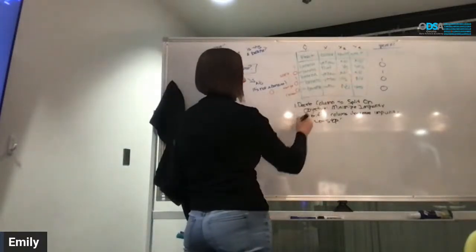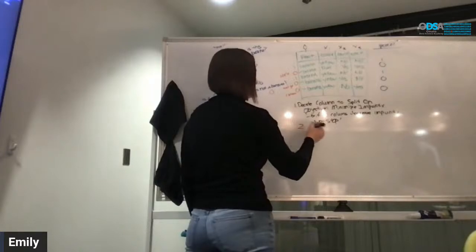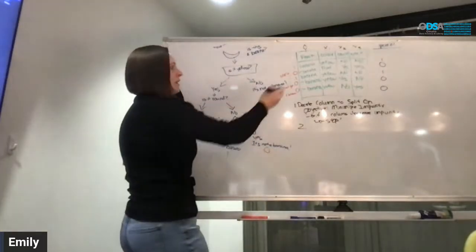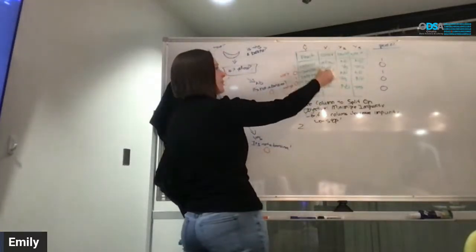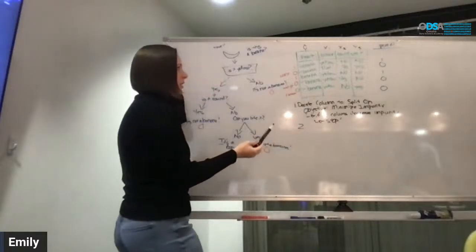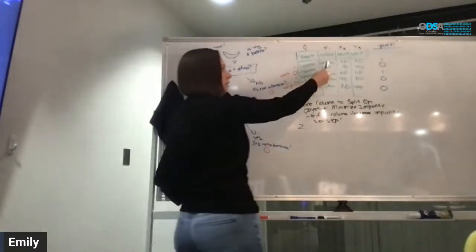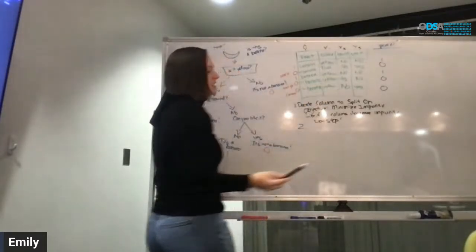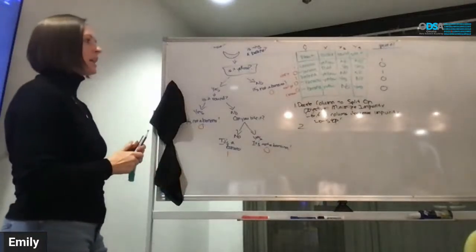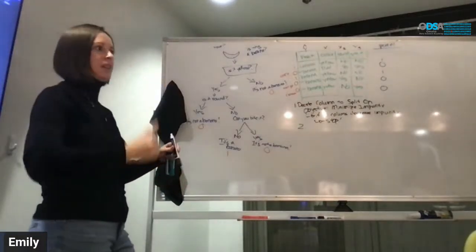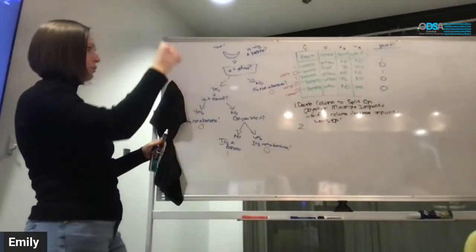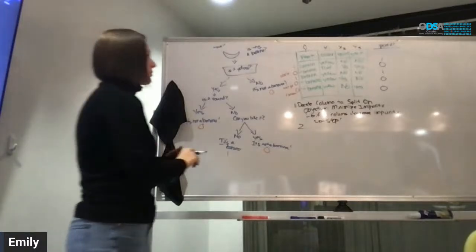And if we do decide a column to split on, then within that column, in this case, I made it really simple and just gave you 2 categories. It either is red, and if it's not red, then it's yellow. But in reality, there's a lot of values, right? You can have 2 bedrooms, 6 bedrooms, 10 bedrooms.